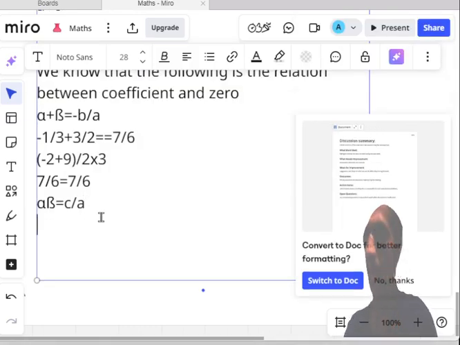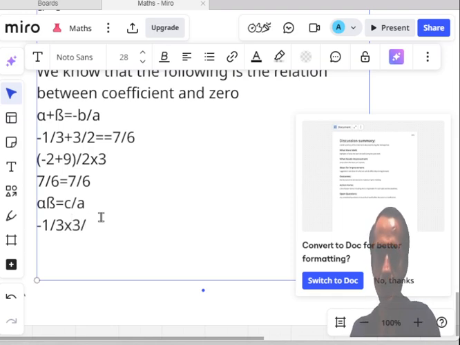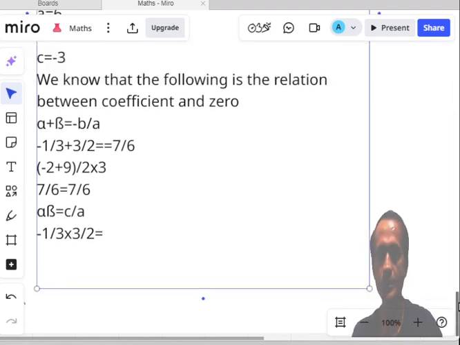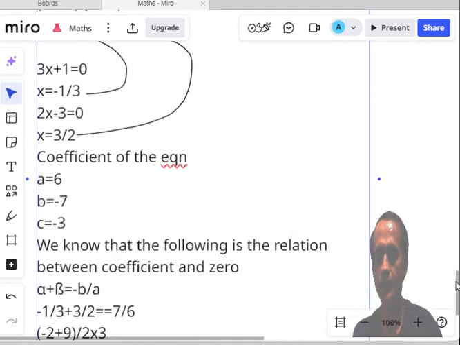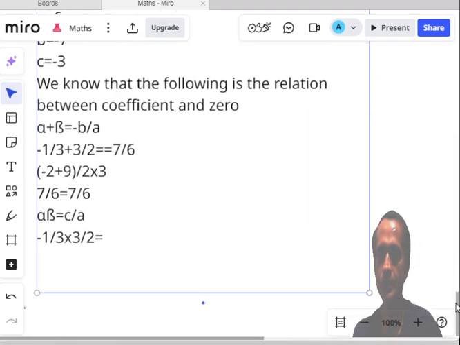Now we need to verify the second part of the relationship, that is the product of zeros is equal to c by a. So we'll find the product, minus 1 by 3 into 3 by 2. This should be equal to c by a. What is c here? Minus 3. And what is a? It is 6.